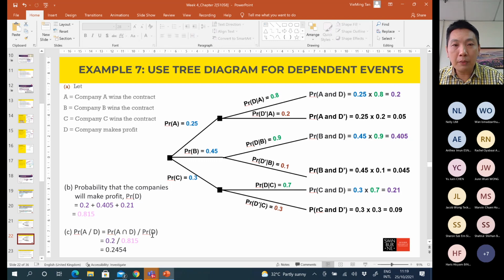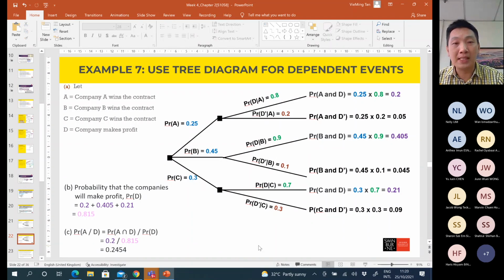How about the denominator, probability D? Yes, we already obtained the answer in part B just now, so we substitute this exact value into the denominator. Simplify, you'll get 0.2454. You may round the answer to 4 decimal places.